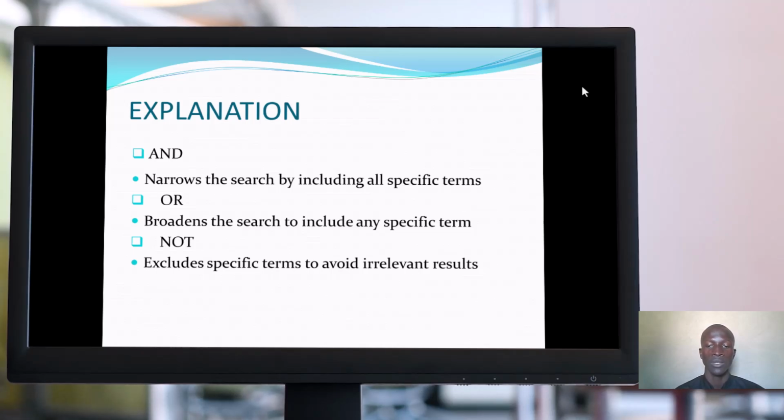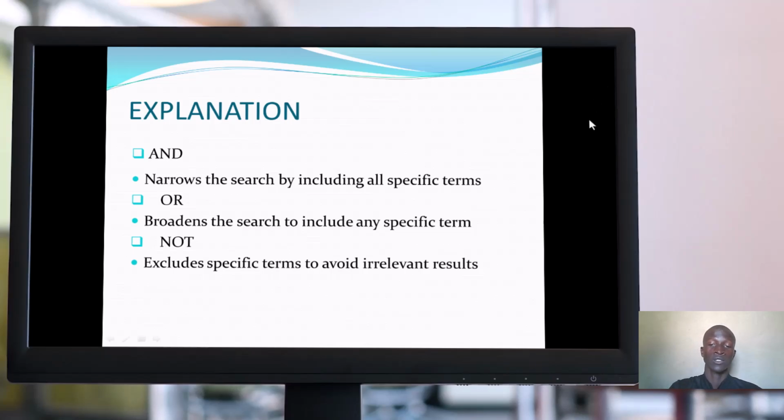But when we use OR, it's going to broaden the research to include any specific term, like maybe business or enterprises. You may even find results that mention only one of them, may either mention business or may give results of entrepreneurship or an enterprise, or even both.